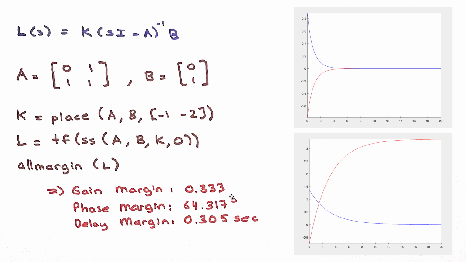All right, so this is how we read gain, delay and phase margins. Looking at these margins for this example, these are pretty good margins to have. And I would say that the control gain that I chose here has a nice level of resilience with regard to changes at the plant input.